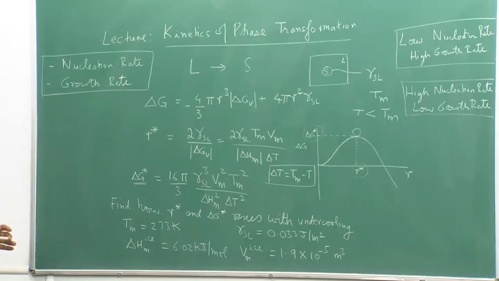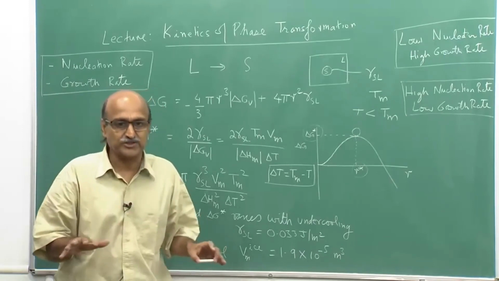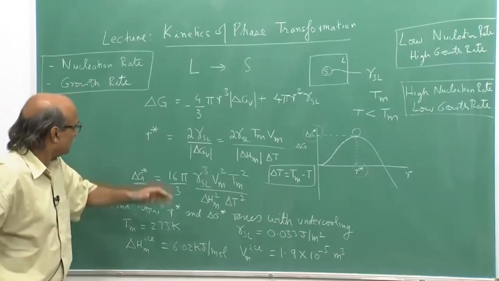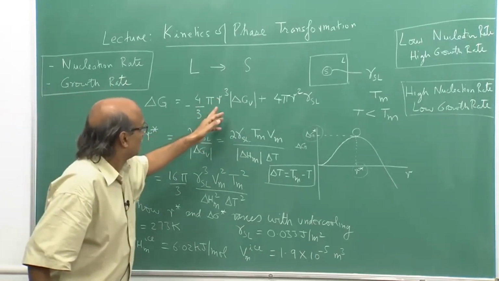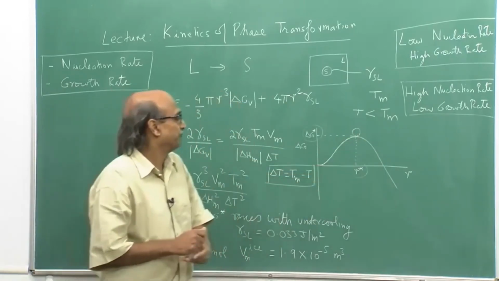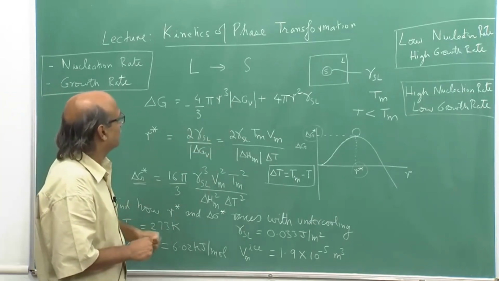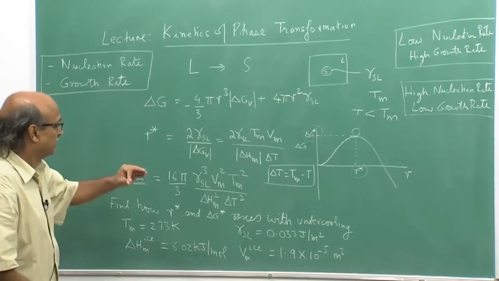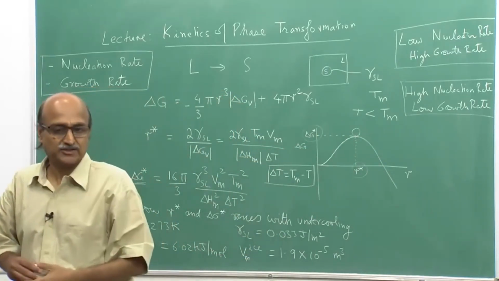For this, we are going to solve this problem not on the board, but in a spreadsheet program where we can quickly calculate values of delta G for various values of the nucleus size and plot it, and then change the temperature, change the undercooling and obtain different curves and see how the nature of the curve changes as the undercooling changes.